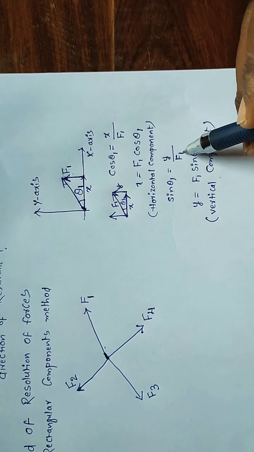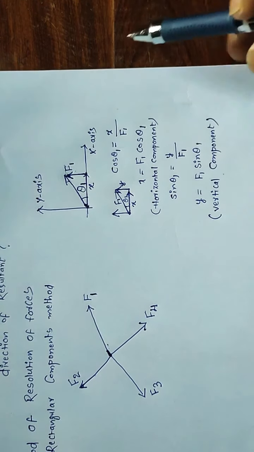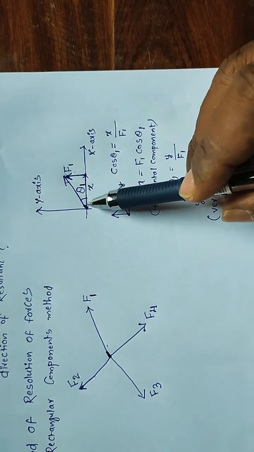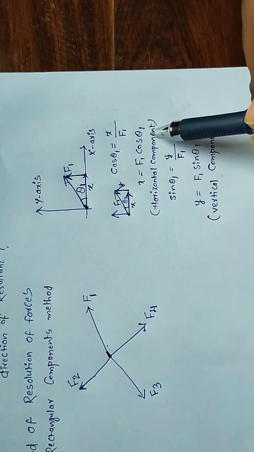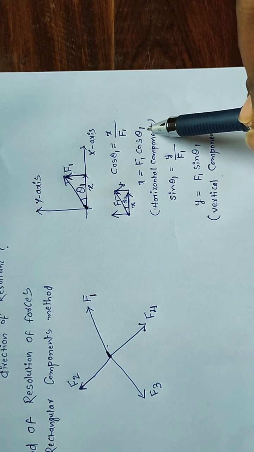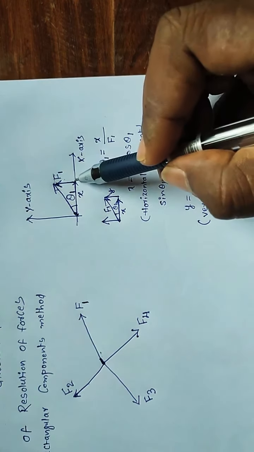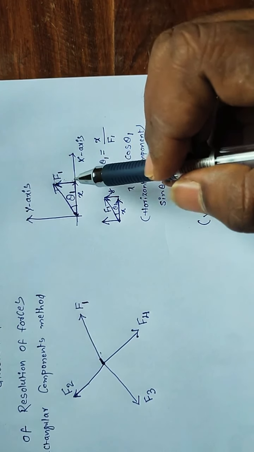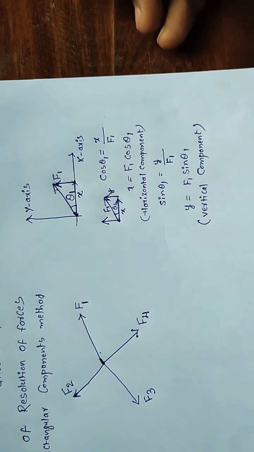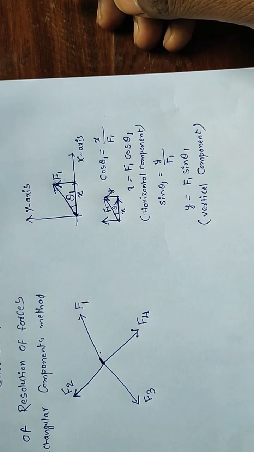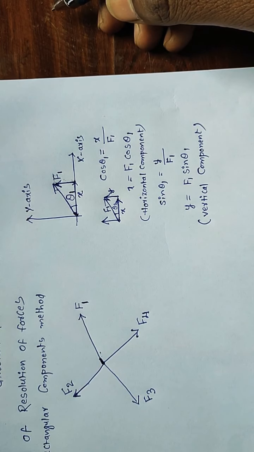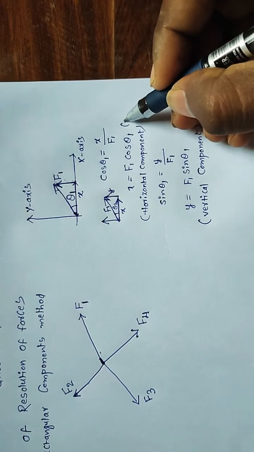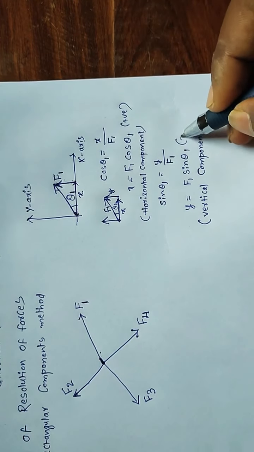These two components are positive because F1 cos theta 1 acts towards the positive x-axis, so it is a positive value. And F1 sin theta 1 acts in the upward direction, or in the positive y-axis. That's why F1 sin theta 1 is also positive.